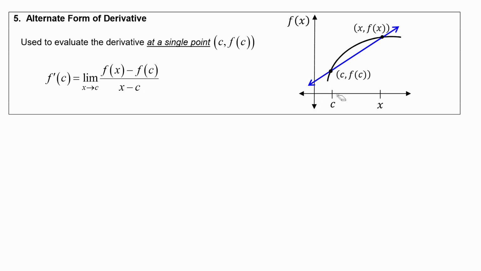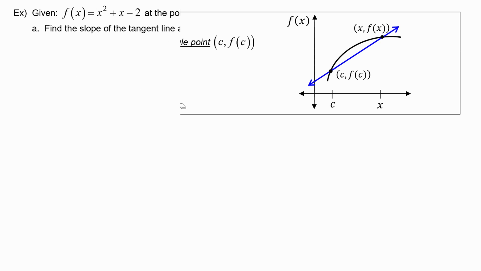These two points will get closer and closer together until they become the same point, and then the secant line turns into the tangent line, and we know that the slope of the tangent line gives us the derivative.